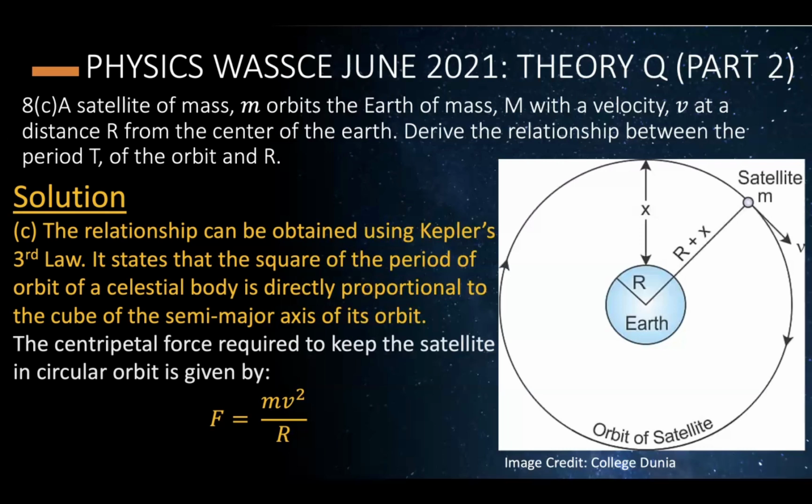So typically, imagine the Earth. The Earth has a mass, big M, and normally the Earth has a radius. That is the distance from the center of the Earth to the surface where we are all standing on.